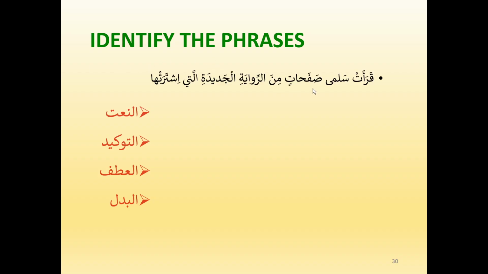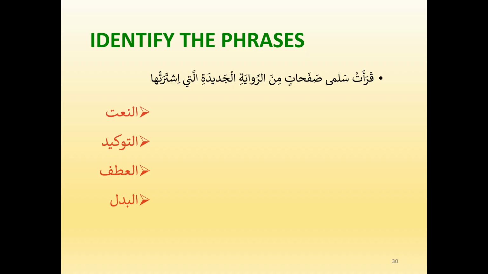Here, the first one, Sister Momina. Is there a phrase here that you see? And if you see a phrase or two, tell what type of phrase it is. Qara'at Salma صفحات من الرواية الجديدة التي اشترتها.